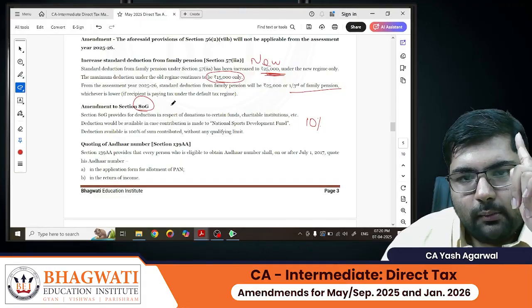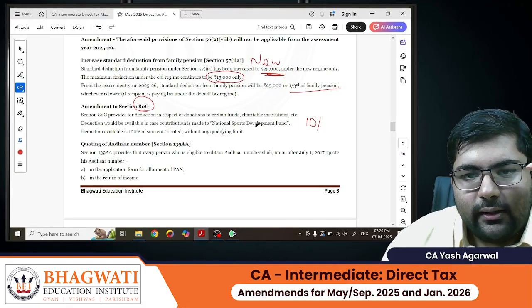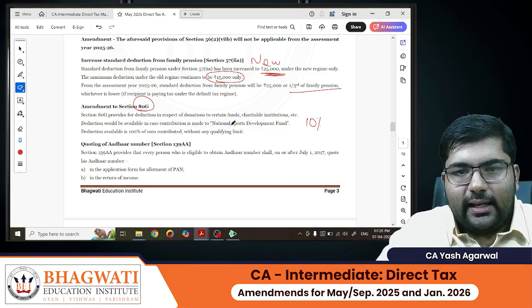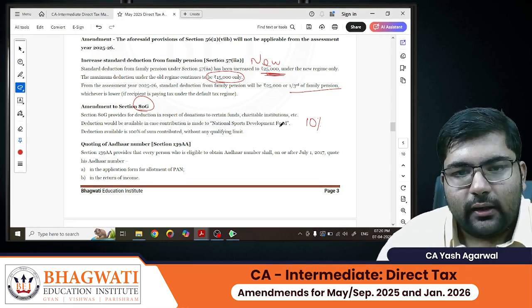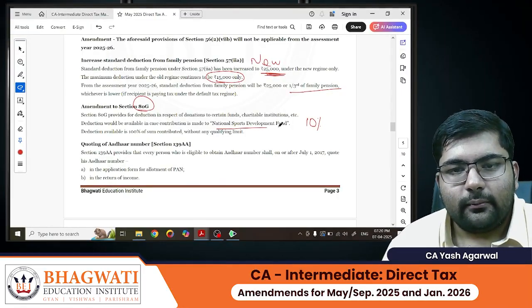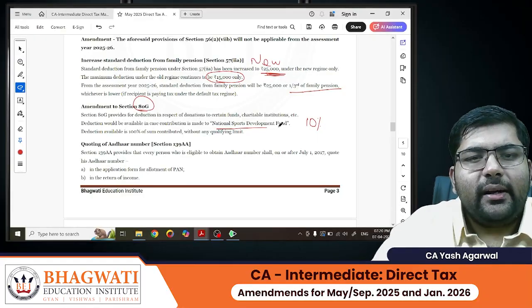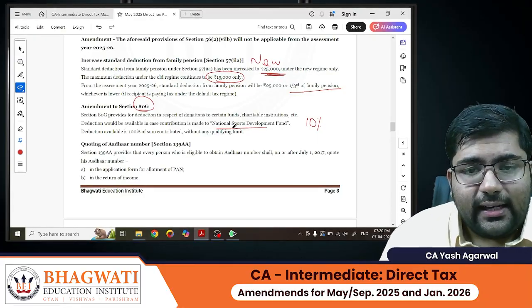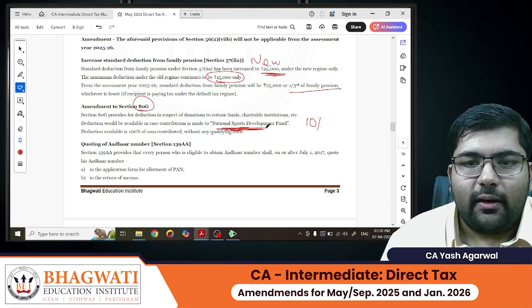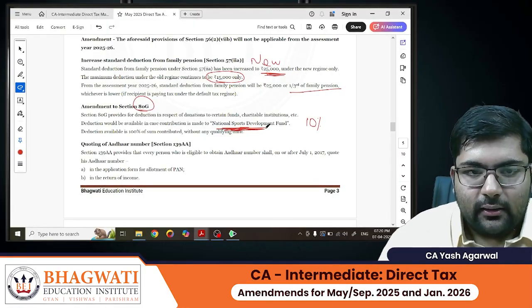In that, one point was there of National Sports Development Fund. What happened is, in the Income Tax Act, this was called National Sports Fund, and when the government set up the fund, they called it National Sports Development Fund. So the only amendment in the Tax Act happened to incorporate this appropriate name of the fund, National Sports Development Fund. That is only the name change.